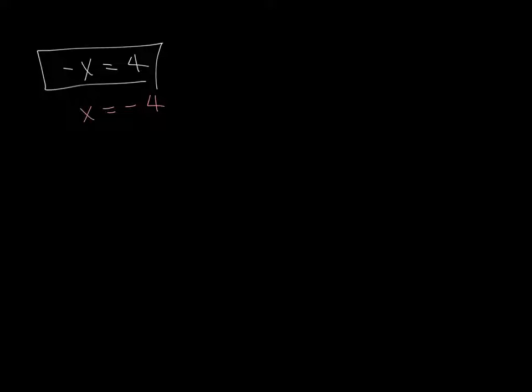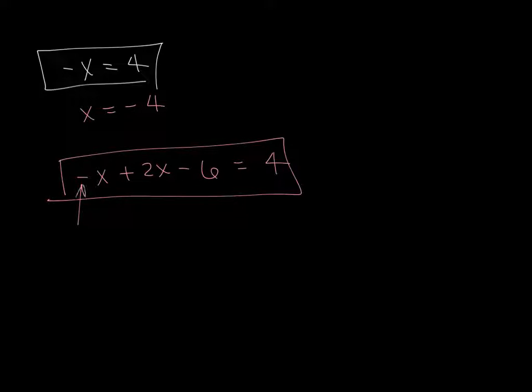So if I had negative x plus 2x minus 6 equals 4, I can change this negative to positive if I change the sign of everything else. That equals the same thing, but we're able to change the sign to its opposite.